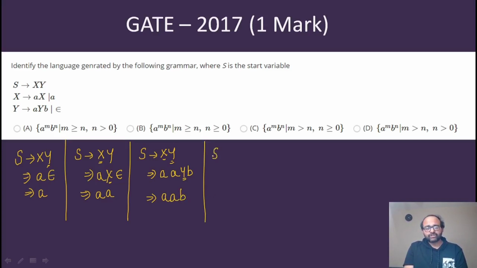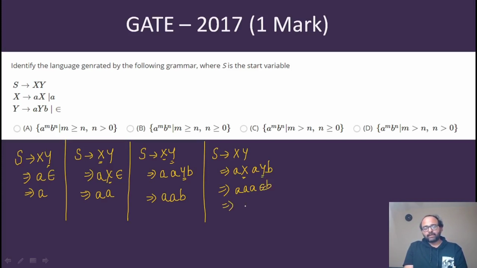And consider another string, S tends to XY. This time we can substitute X as aX, and Y can be substituted as aYb. And you can replace X with a, and Y can be replaced with epsilon.